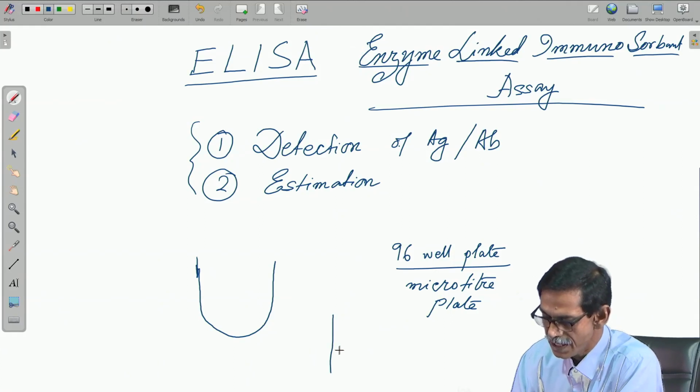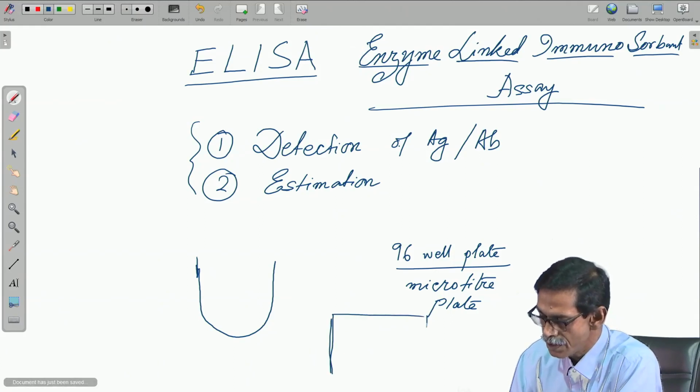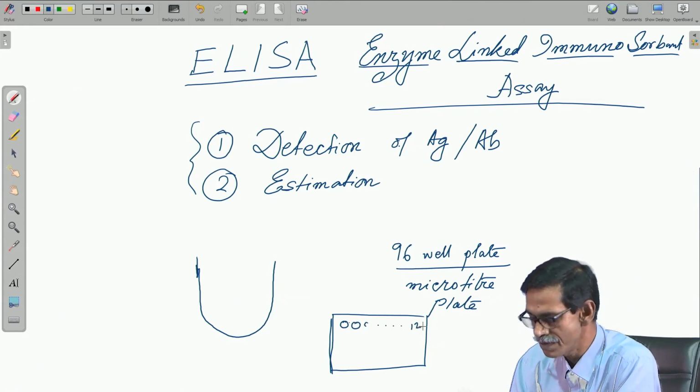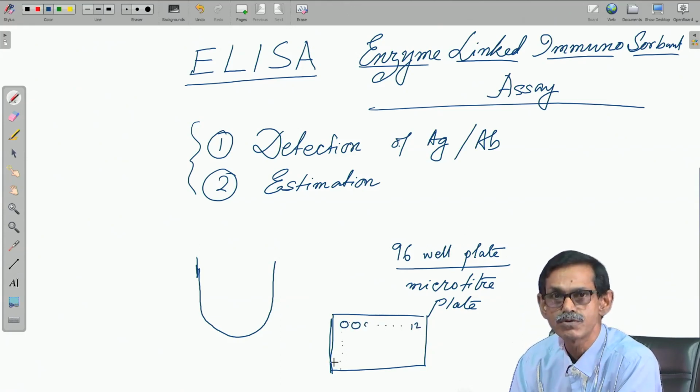There are 12 wells, 1, 2, 3 up to 12, and there are 8 rows.